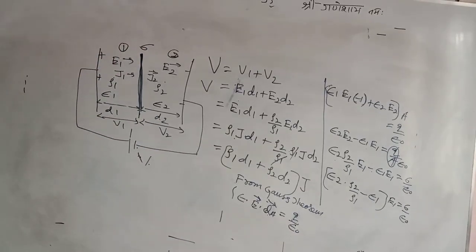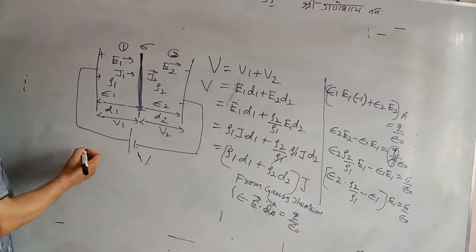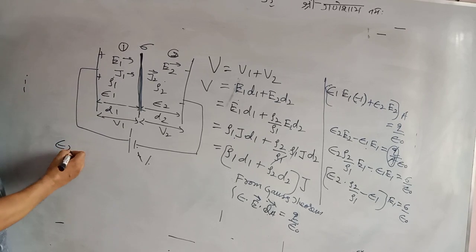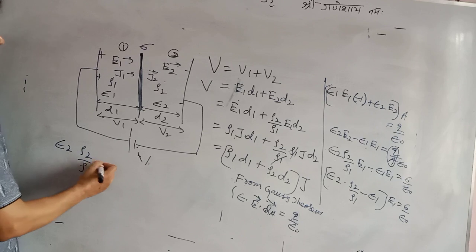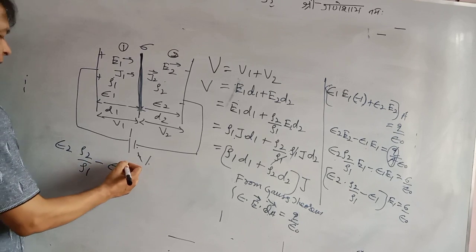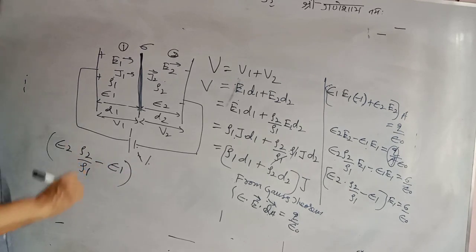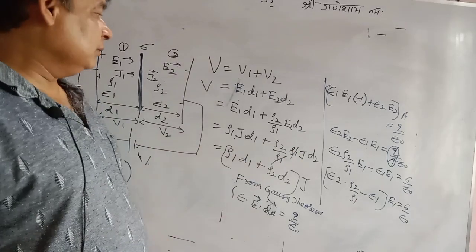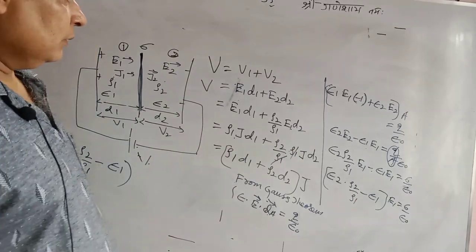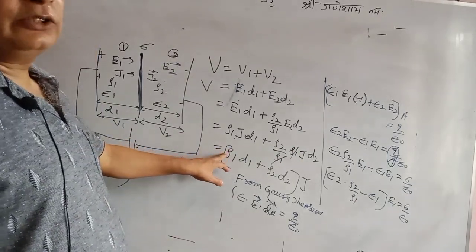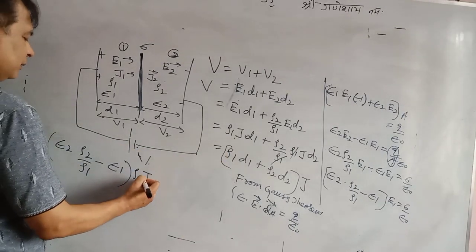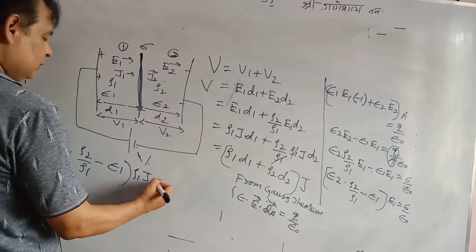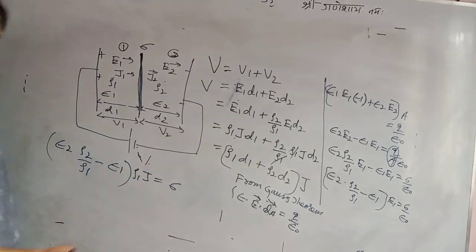Again, we can write here j2 rho 2 minus rho 1 minus j1 E1. What about E1? E equals rho j, that's rho 1 j, is sigma by epsilon naught.